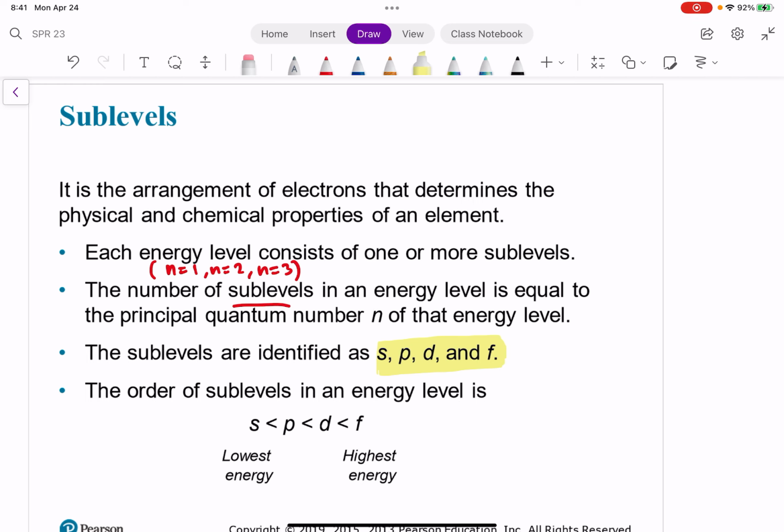We want to be at the lowest energy level, so we're going to populate from lowest to highest. We're only going to expend lots of energy if we really have to, but we'll expend a low amount if we can. So S is lower energy than P, which is lower energy than D sublevel, which is lower energy than F sublevel.